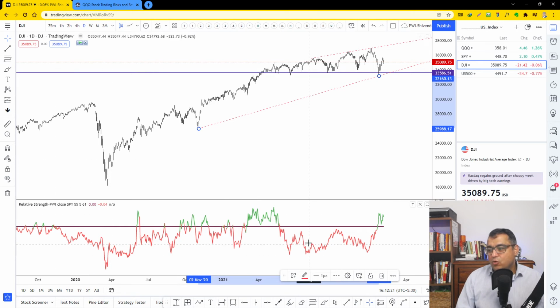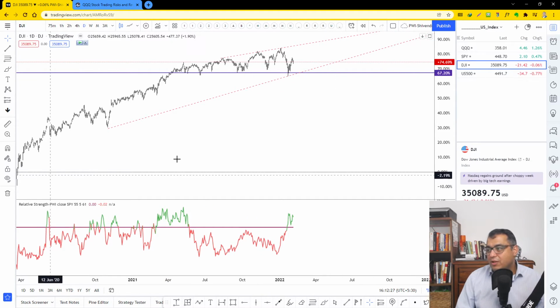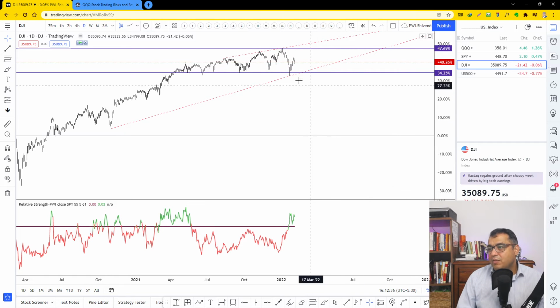And if you look at it on a percentage basis, the Dow Jones Industrial after the COVID fall has given close to 83% at the top end. At this moment you're looking at about 34% from the top, it has come down and retraced.